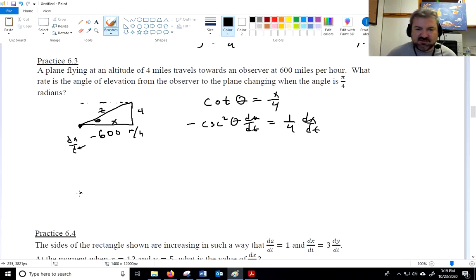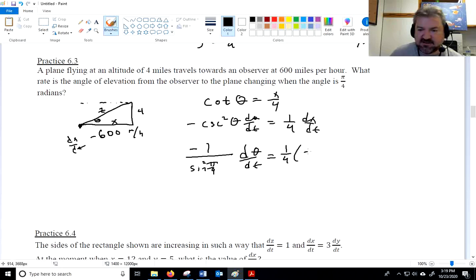All right, we need to figure out cosecant. Oh, but they didn't tell us a certain distance, they told us the angle. So we can actually just find negative cosecant squared of pi over 4. So this becomes negative 1 over the sine of pi over 4 squared, d theta/dt equals 1 over 4 times dx/dt. dx/dt is a negative 600, right?